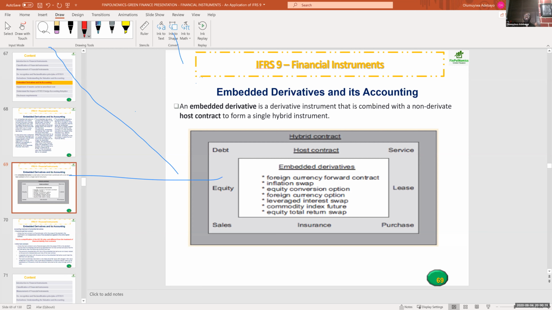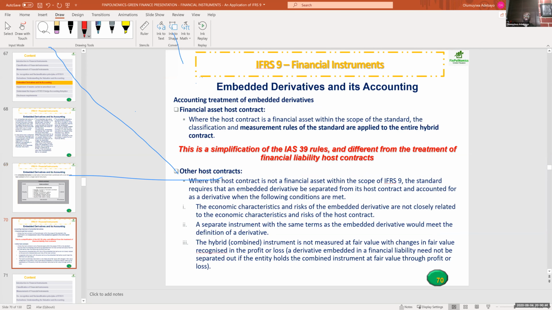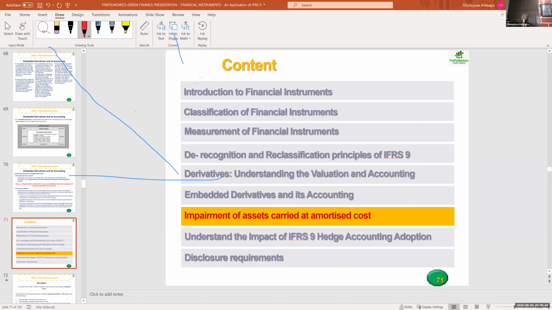And if both derivative contract written on a host contract, both are to be measured at fair value, such split will not be required. Which then means that you must consider the condition that allows you to either separate into host contract or derivative before you can decide on the measurements of such. And that is a simple understanding we need to know with respect to embedded derivative.